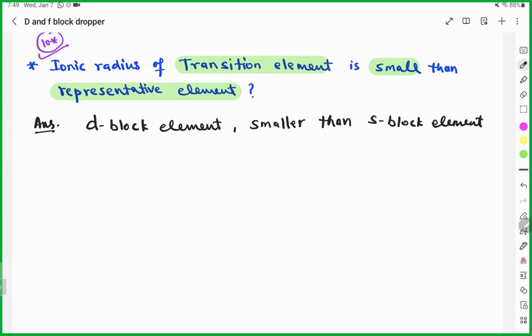Not sure here, sir. Anybody who is damn sure about this answer? I am not sure, sir. Yes, anybody? Because P block elements form anions, but D block elements form cations.